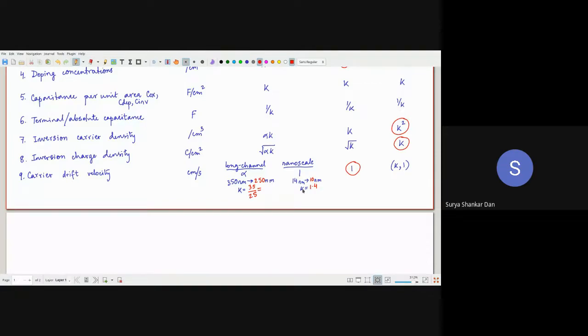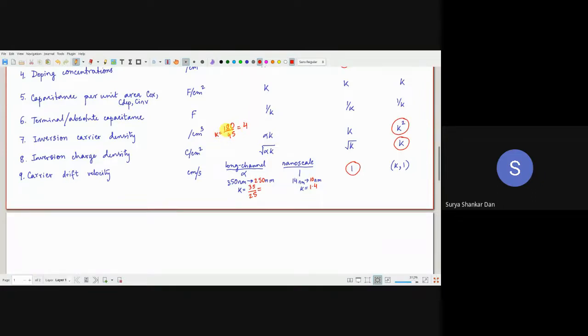For example, you already have a circuit at 180 nanometer. In the next semester, projects are essentially based on that. You will find a circuit in a particular technology node, say 180 nanometer. Now I will ask you to design it in 45 nanometers. So 180 to 45. 180 by 45 is how much? 4. So in that case, K will be equal to 4.